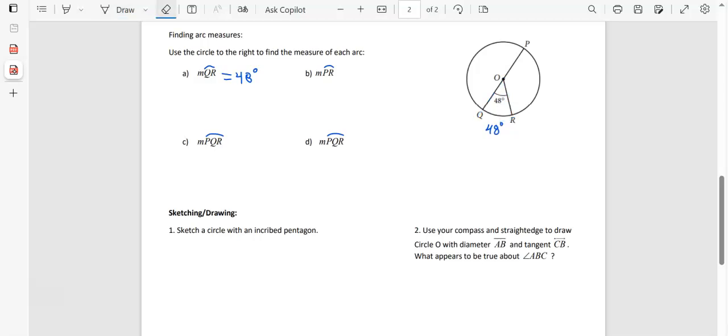Then I want us to find the measure of arc PR. Here is arc PR. How could we find this measure?